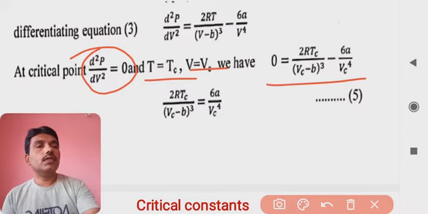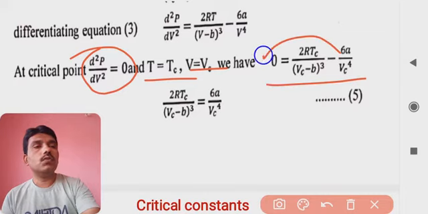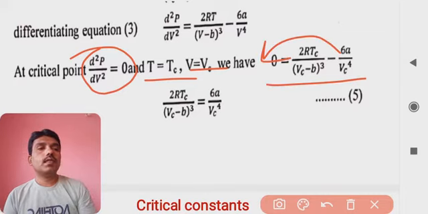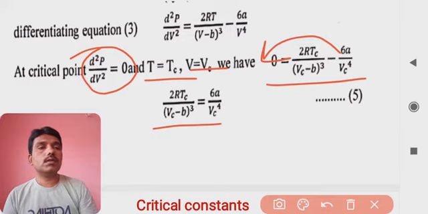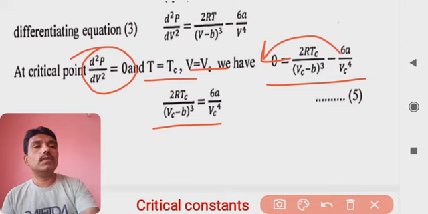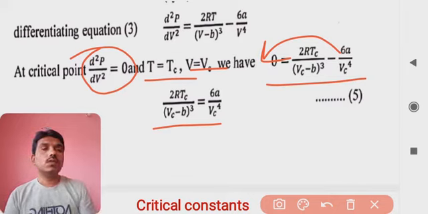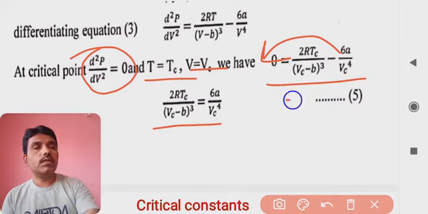Again, if minus 6a by Vc raised to 4 goes to the left hand side, it will become plus. Then from that I can write 2RTc divided by (Vc minus b) cube is equal to 6a divided by Vc raised to 4. So this is equation number 5.